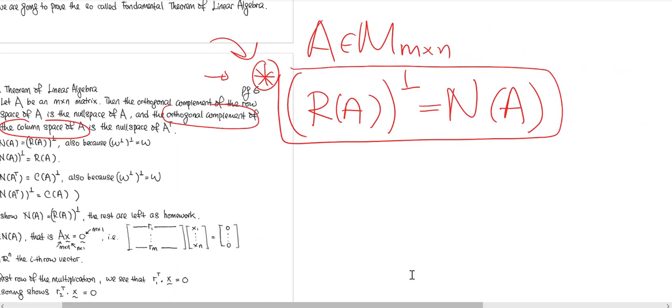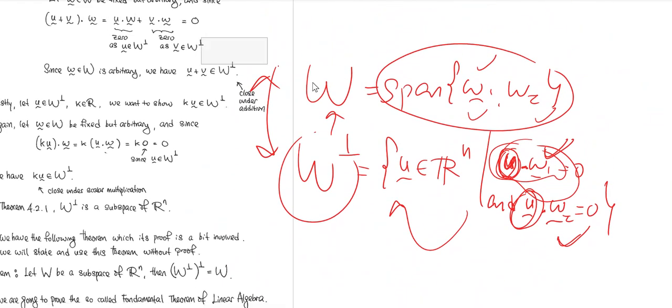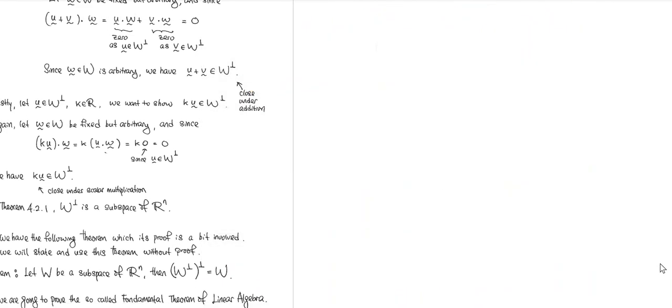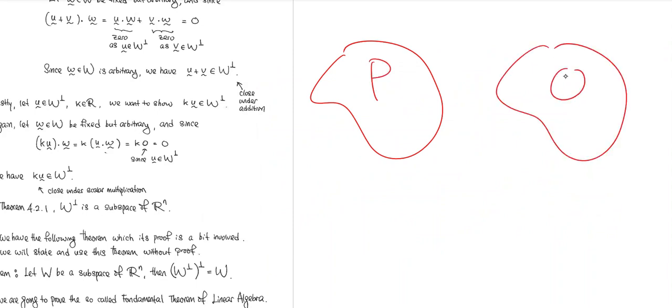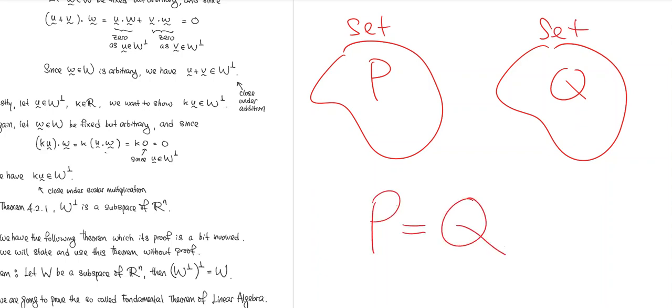But before we do that, let me remind you that if you have two sets, let's say this is set P and this is set Q, how do you show that P and Q are the same set? We mentioned this before.